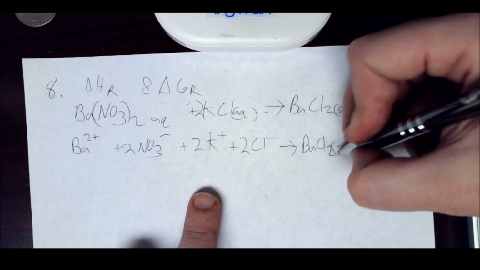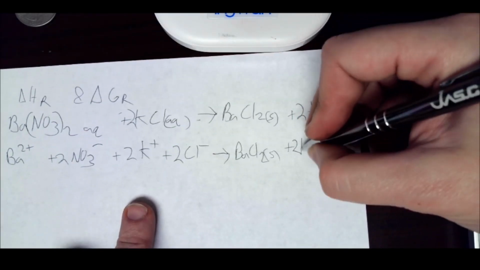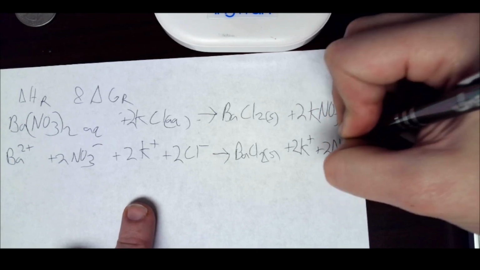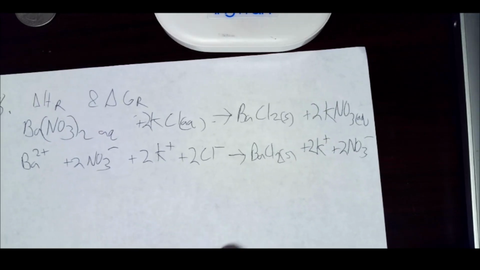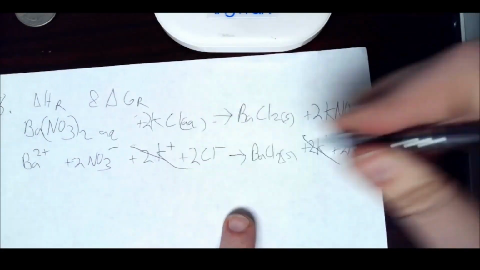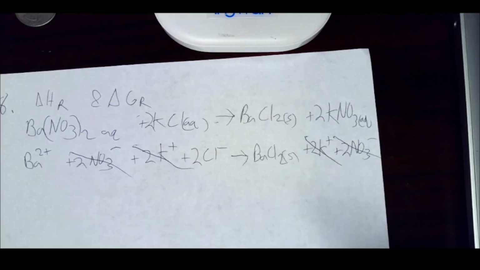BaCl2 solid, that stays together, and 2 K plus, and 2 NO3 minus. If you remember your good old-fashioned net ionic equations, you can actually save yourself a lot of time. That 2 K plus cancels 2 K plus. 2 NO3 minus will cancel 2 NO3 minus. So all we need is our barium, our chloride, and our barium chloride.